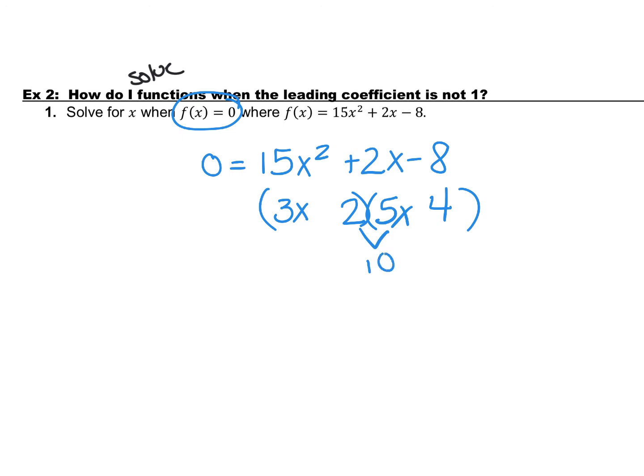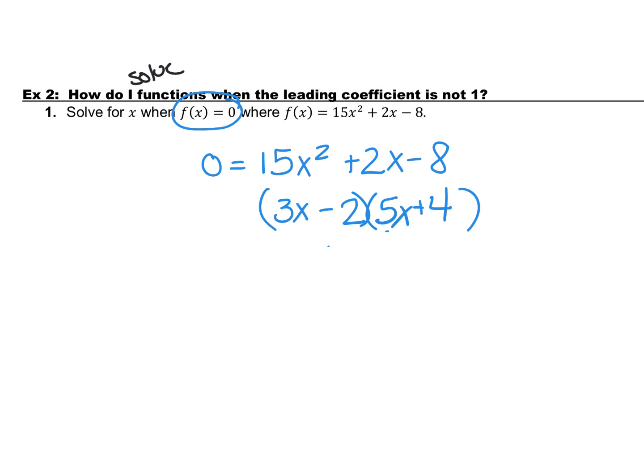I have 10 and I have 12. Well, can I make that to be a positive 2? Well, I think I can if I have this be a positive, this be a negative. So we're going to have then -2 and positive 4. All right, so then let's just solve them both.